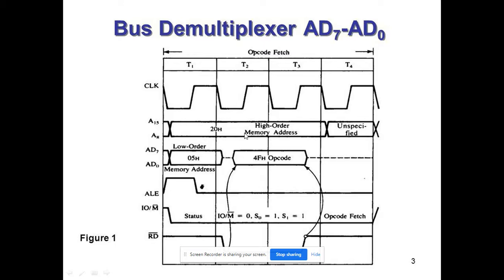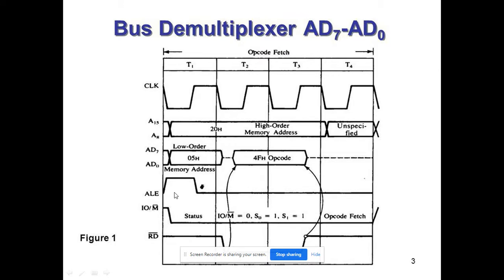For example, if the address is 2005H, then 20 is the higher byte and 05 is the lower byte. The higher order address bus always carries the higher byte, and the lower multiplexed address data bus carries the lower order address during the early part of the opcode fetch, and from the T2 state it carries the opcode or the data.